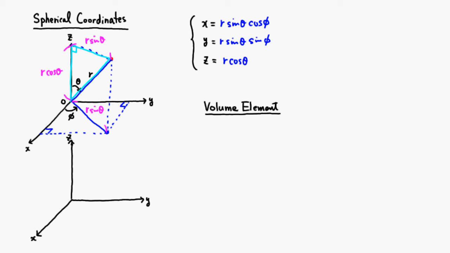Let's see if I can draw this. A tiny piece of theta is going to be like this and like that, and a tiny piece of phi is going to look like that, so it's going to look kind of like this.